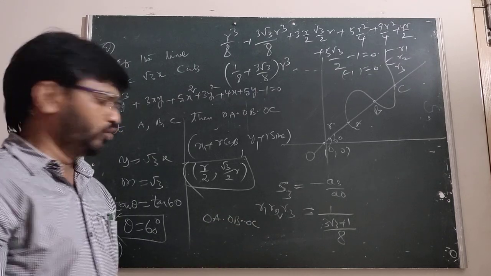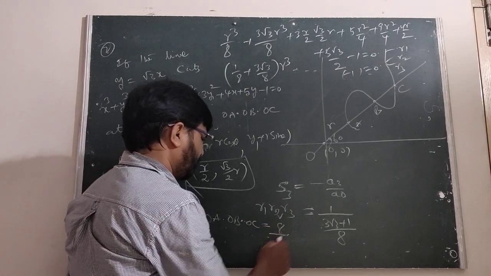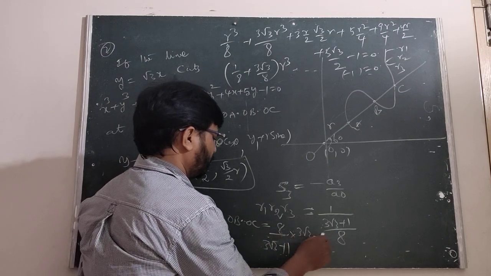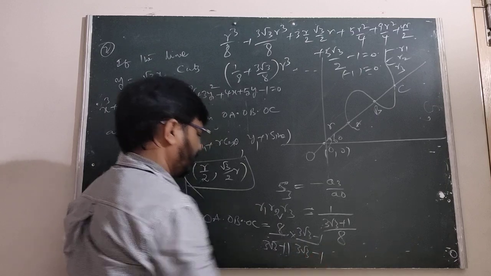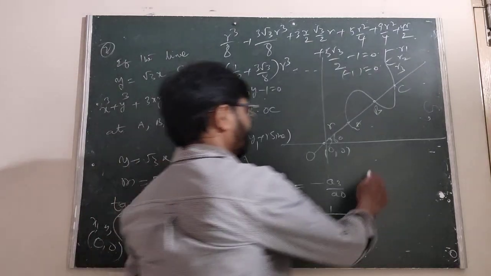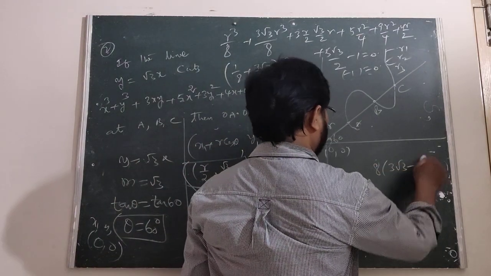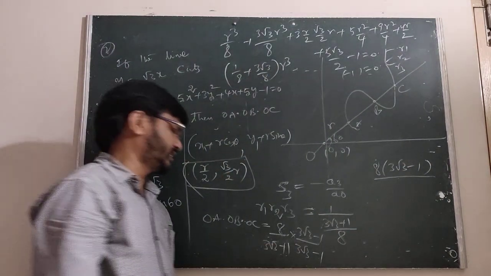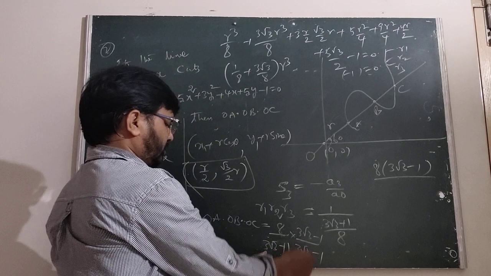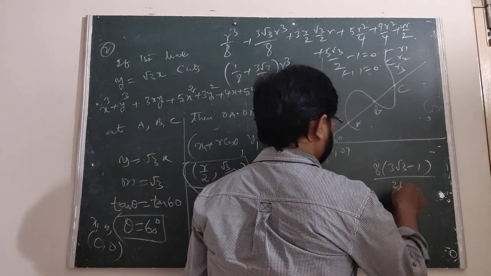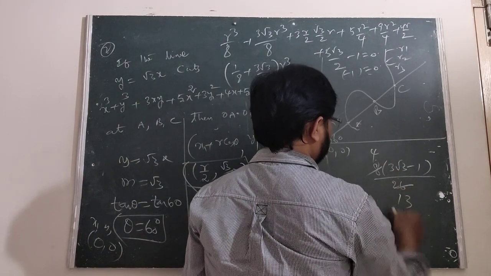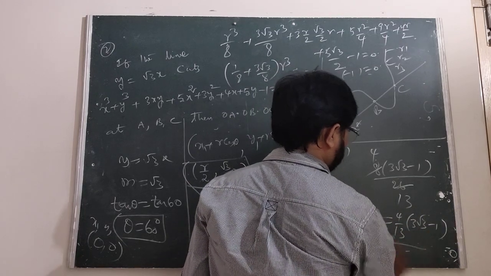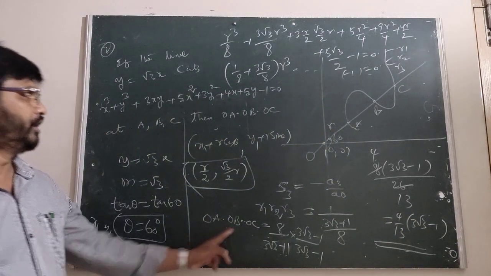OA into OB into OC is 8 by (3 root 3 plus 1) into (3 root 3 minus 1). We are getting 8 into (3 root 3 minus 1) whole by, 3 root 3 squared is 27, minus 1 is 26. 2 4s are 8, 2 13s are 26, that is 4 by 13 into (3 root 3 minus 1) is OA into OB into OC.